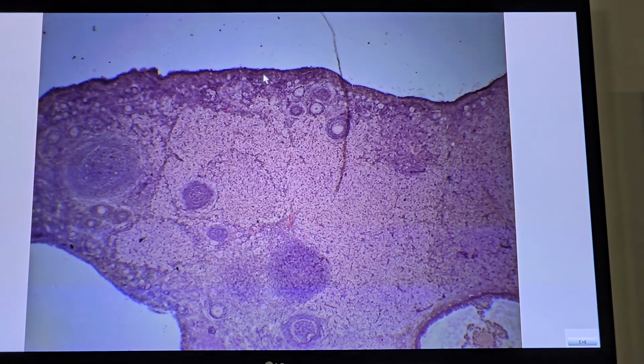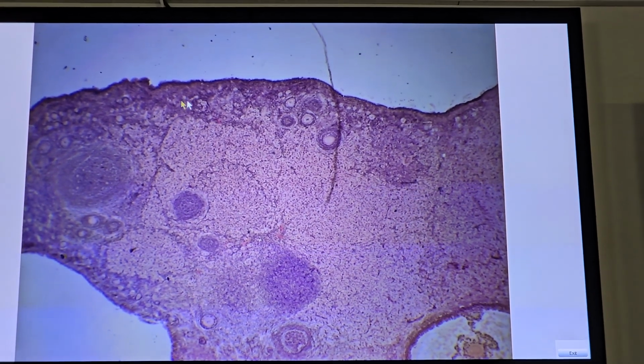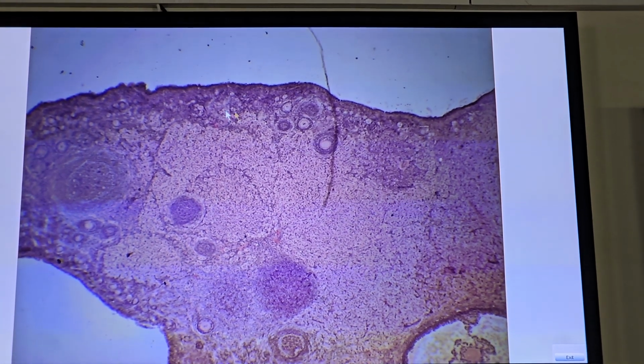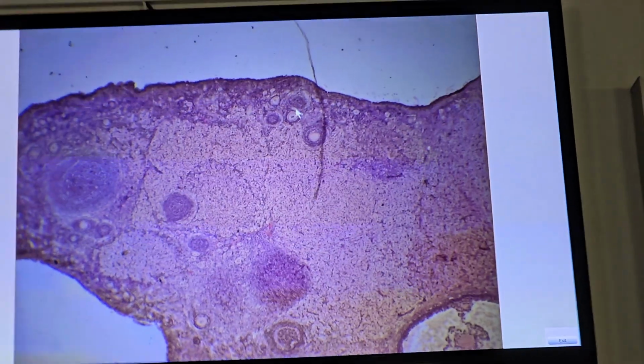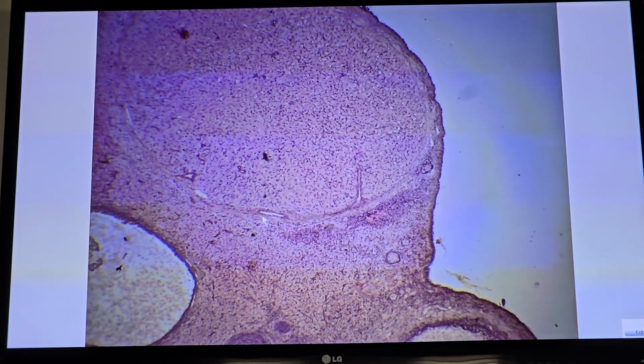Each ovary has two regions. This is the cortex, a region with a stroma consisting of connective tissue with ovarian follicles. And medulla, a layer of connective tissue with blood vessels entering the ovary from the hilum.